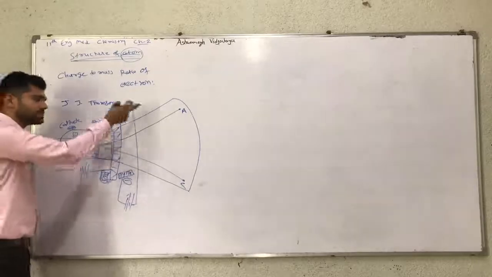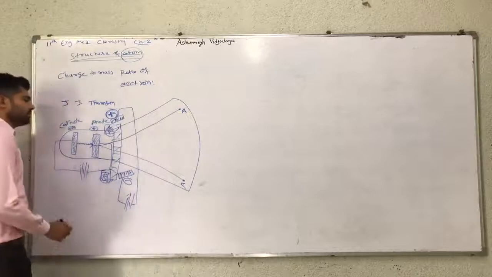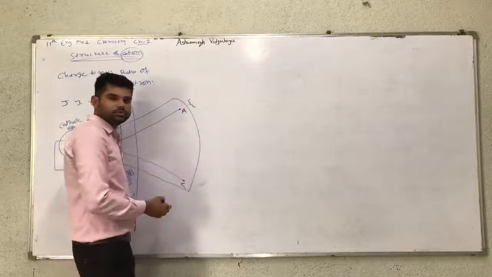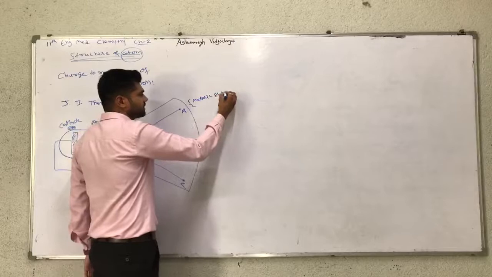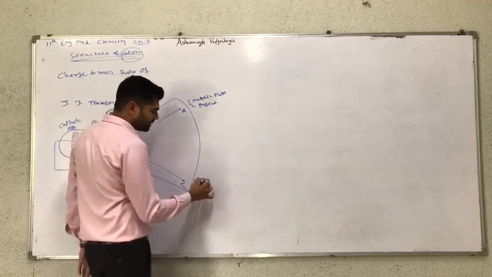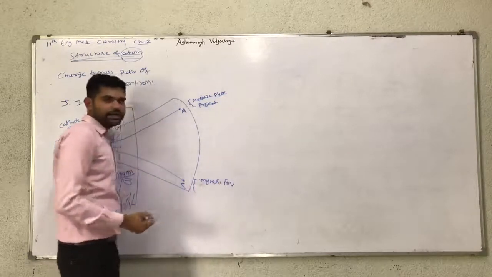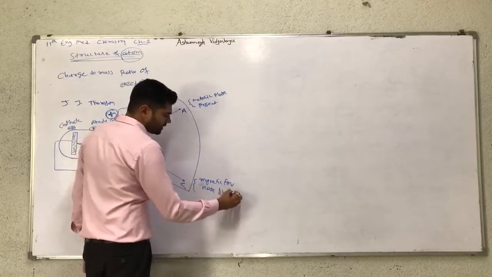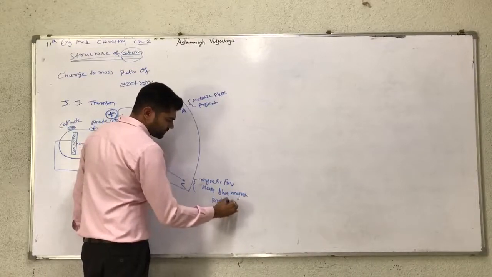After the magnetic field, it is deviated towards the positive part, in a similar way, here the positive part of the magnet.